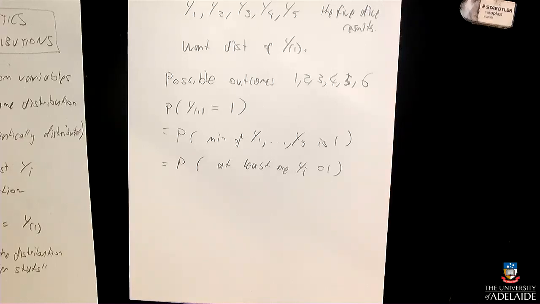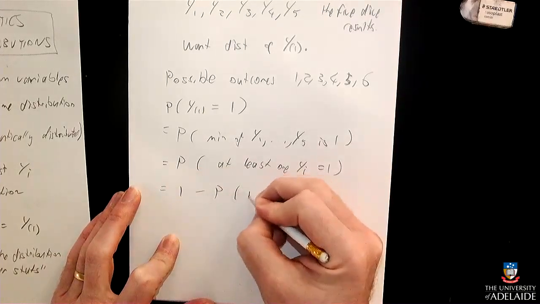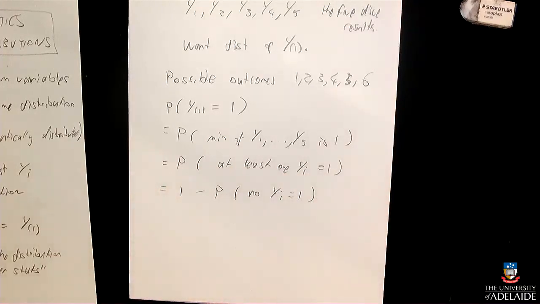So that would be the opposite of the probability of none of them being 1. The number of them being 1 could be 1, 2, 3, 4, or 5, and the only one that isn't covered by that is none of them being 1.